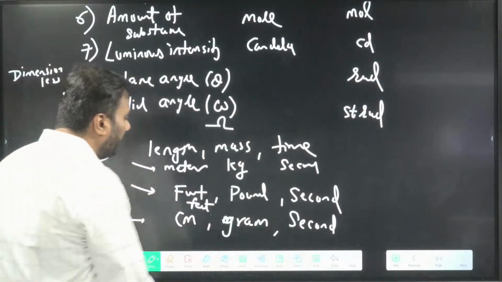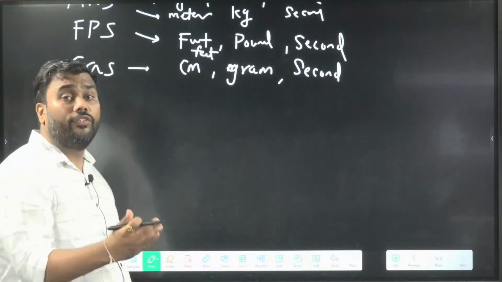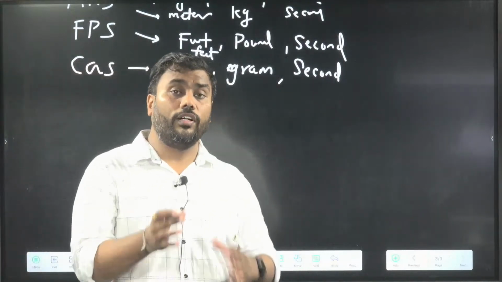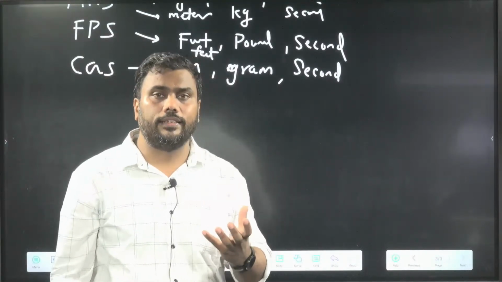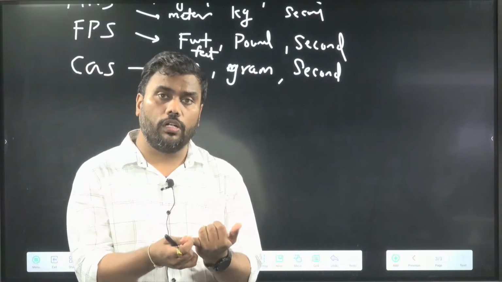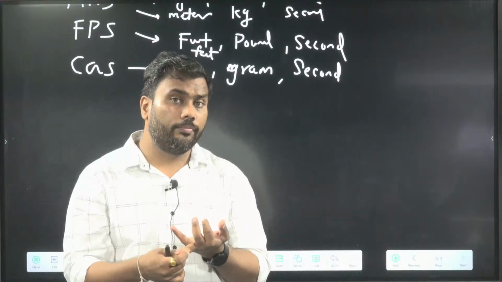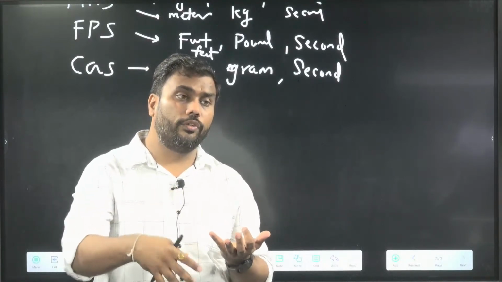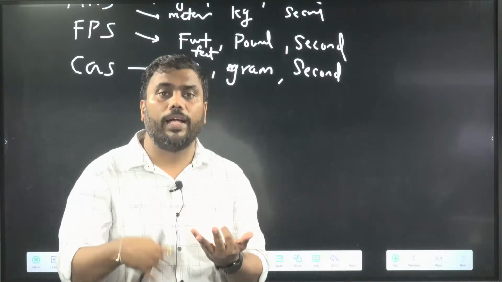So these are the different systems of units available to us. Now we have defined different units of physical quantities. For defining a unit, there should be some properties. It should be easily accessible to all. Everyone should be able to use it. It should be reproducible. Whenever you want to measure something, you should have the unit available so that you can compare and measure.